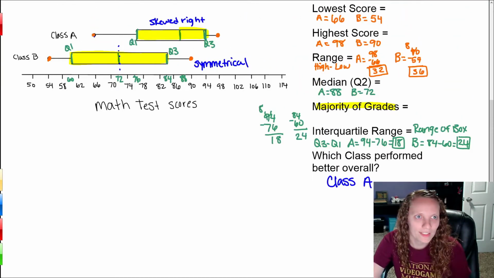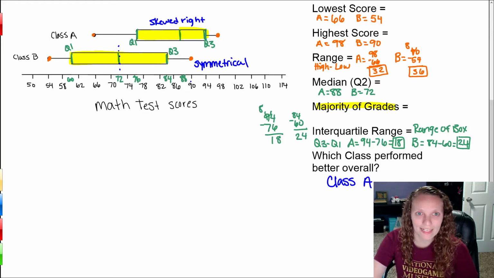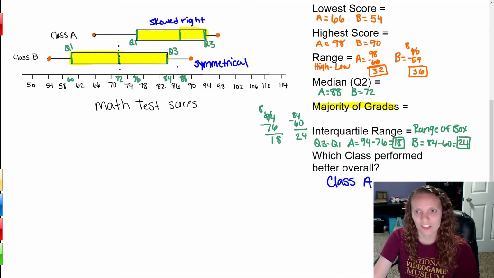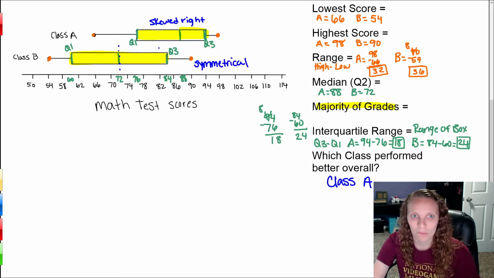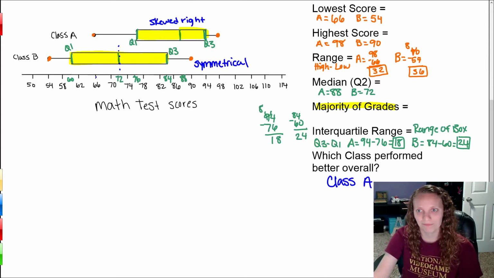If you notice, class A's lowest score was a 66, where class B, somebody made a 54. Class A's highest score was a 98, where class B had someone that only made a 90. So that's just a few more things you can look at that help you know, okay, class A did do better overall. Their box seems to have higher numbers than the box of class B.